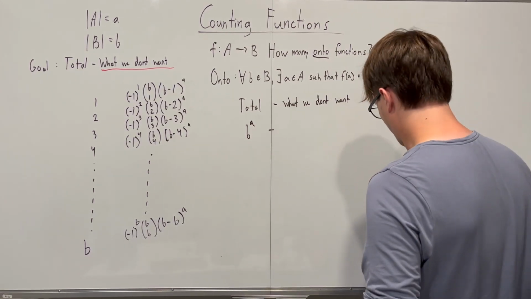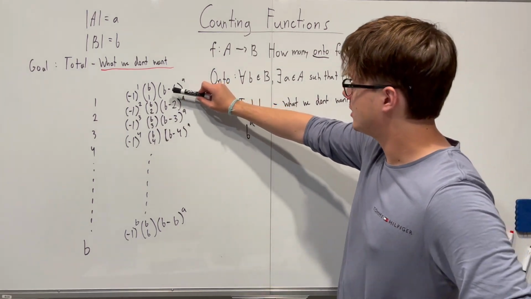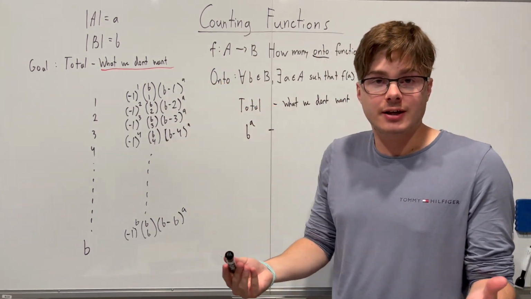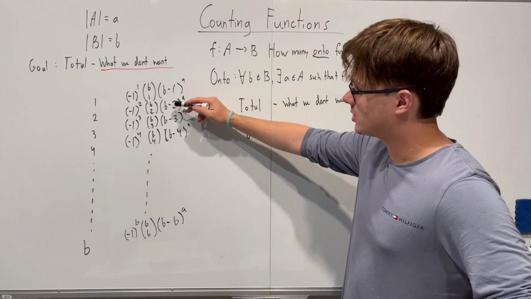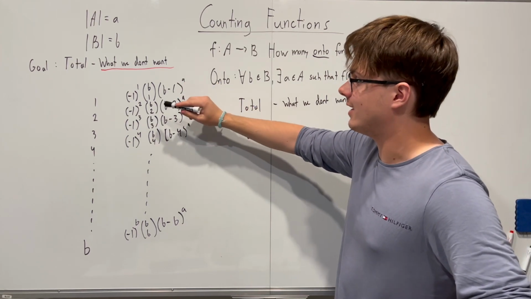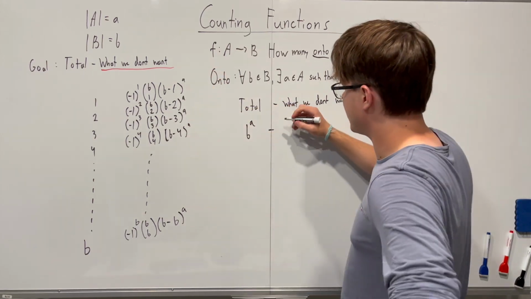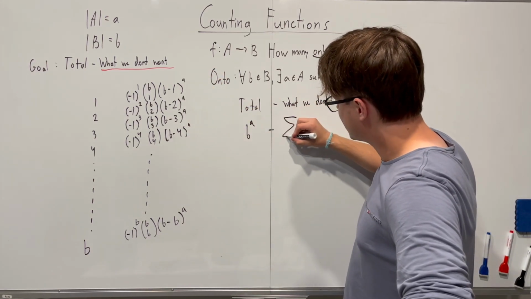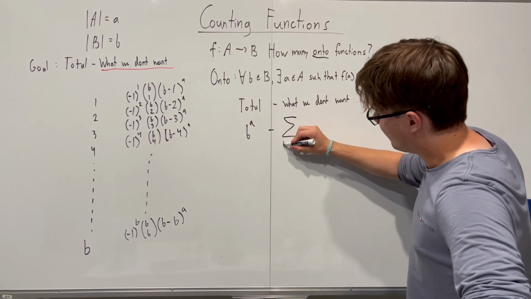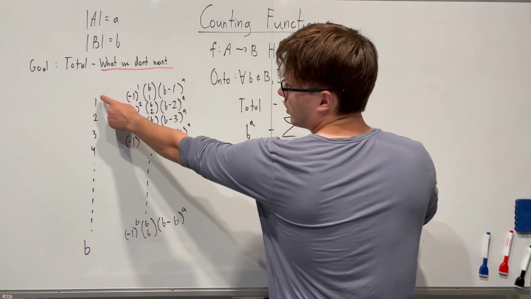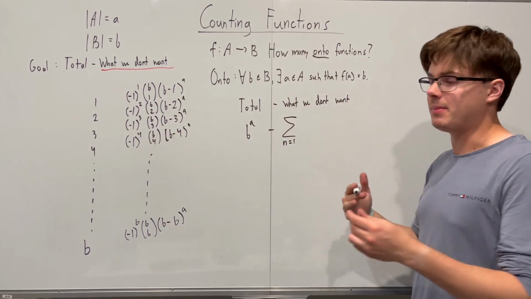So what do we get then? We then say that because we need to subtract all of these, it's kind of like a sum, right? You want to subtract this, and you want to subtract this, and you want to subtract this. So it's like a sum. It's going to look something like this, right? We're going to have n equal to 1 because we're going to start with not mapping one element.